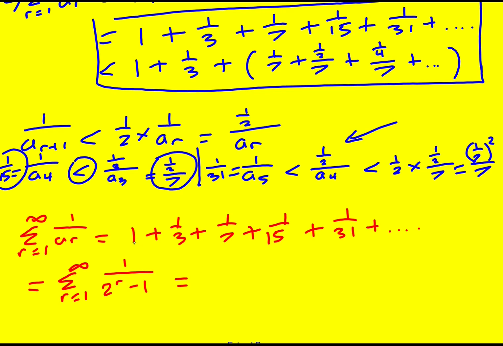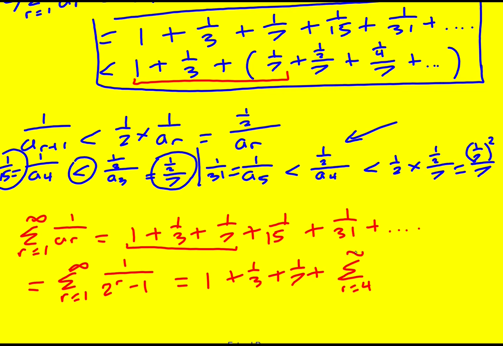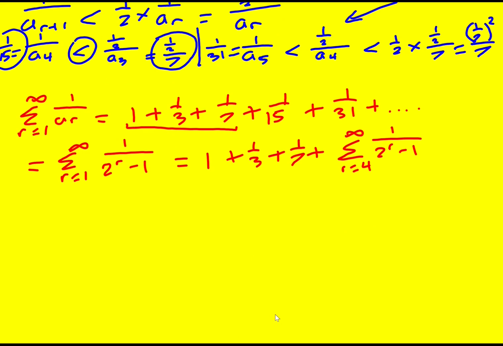And then what I did is I noticed that these three were the same in this part of the expansion. So I wrote those out, 1 plus 1/3 plus 1/7. And I started from r equals 4, because this is where the inequality essentially begins. So let's focus on this.